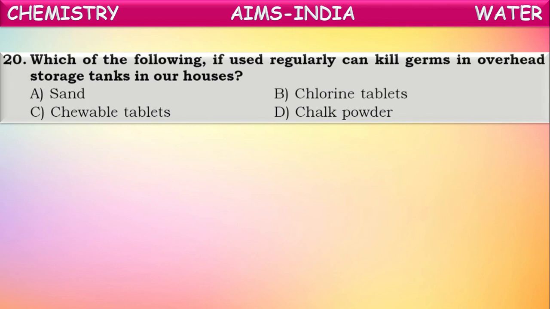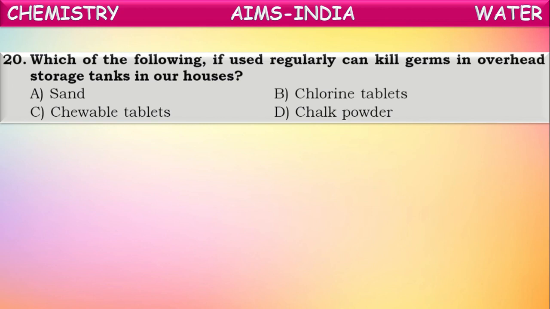Which of the following, if used regularly, can kill germs in overhead storage tanks in our houses? For killing germs and other bacteria present in the water in our overhead tanks in our villages and towns, what do they use?